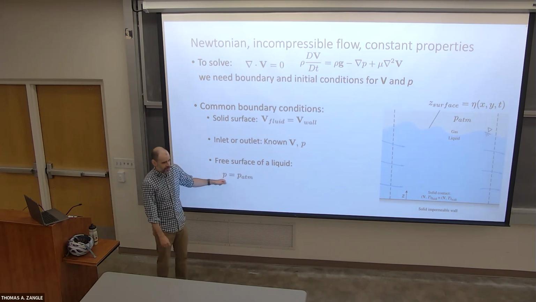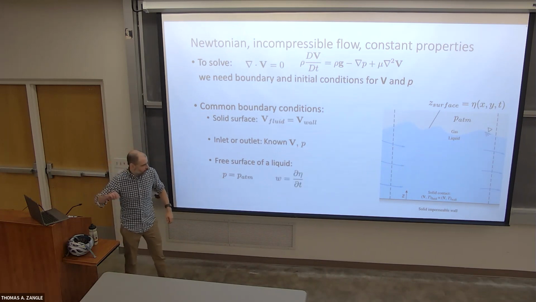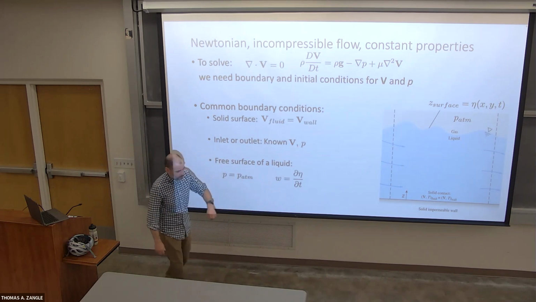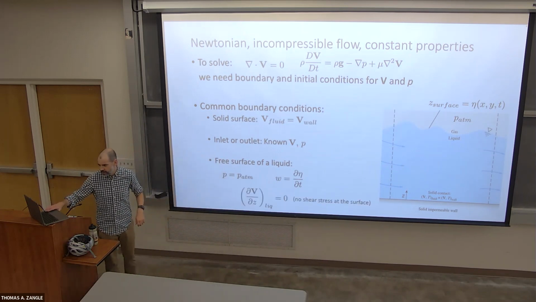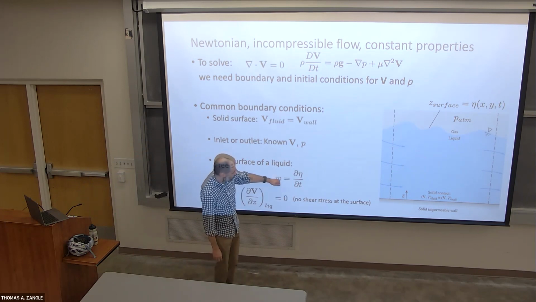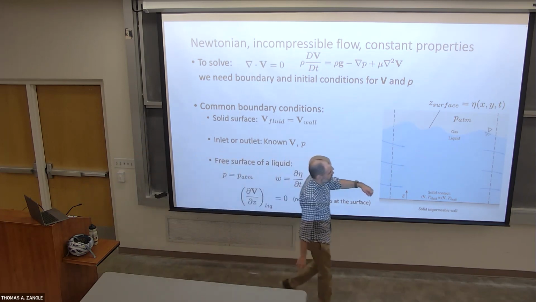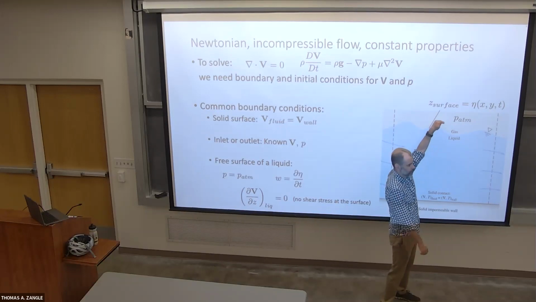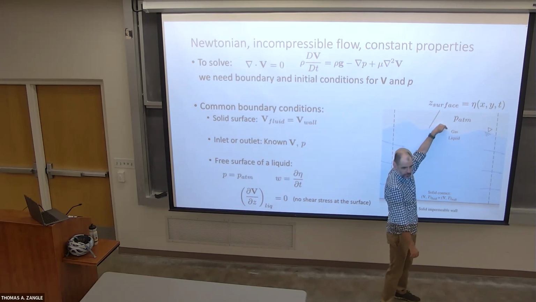First, we typically have pressure equal to atmospheric pressure. Then we'll have W equal to d eta dt. So we'll say that the z component of velocity is equal to the velocity of this surface, the rate of change of height of the surface.